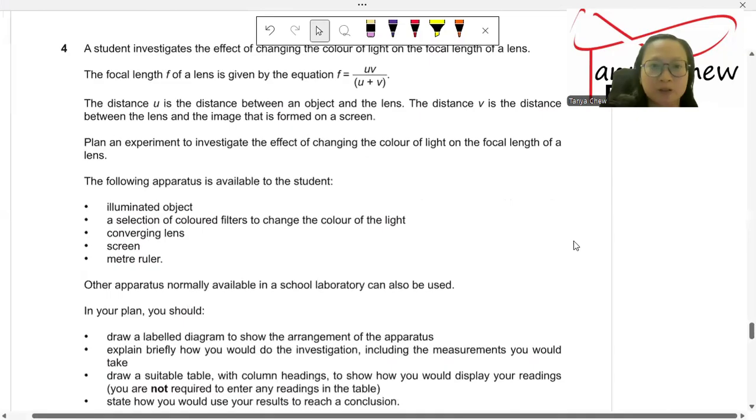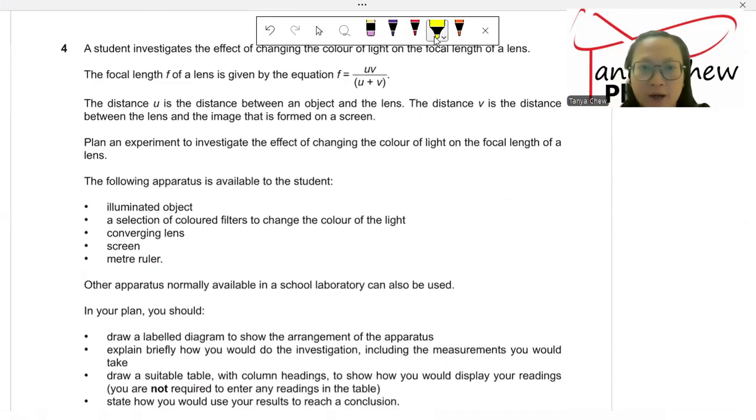Plan an experiment to investigate the effect of changing the color of the light on the focal length of a lens. Now, the following apparatus is available to the student: illuminated object, a selection of color filters to change the color of the light, converging lens, screen, meter ruler.